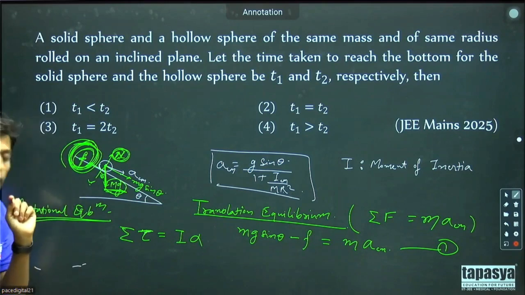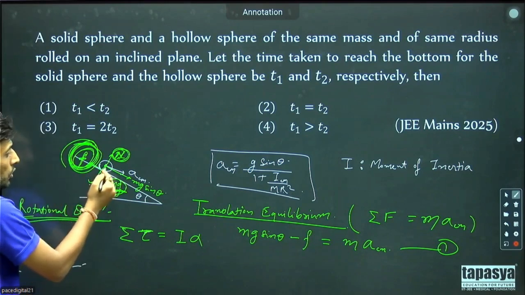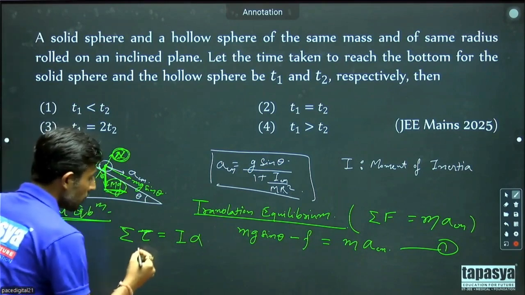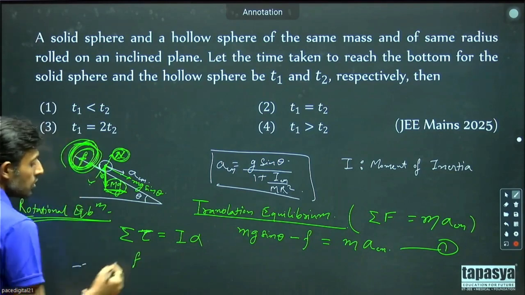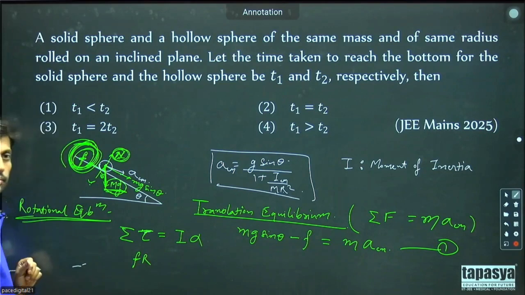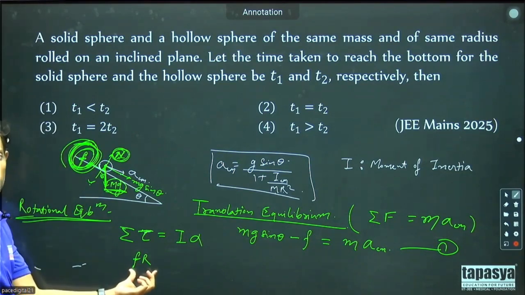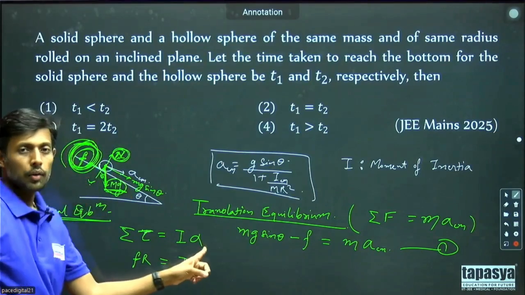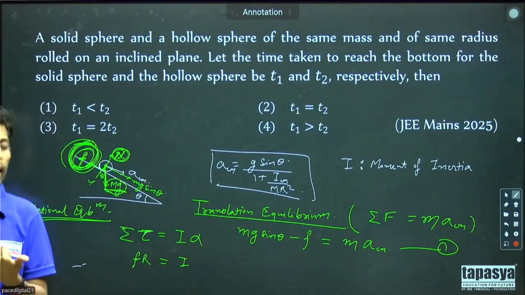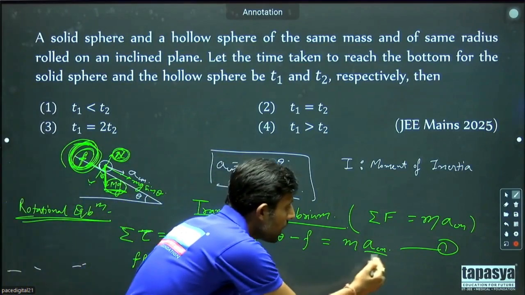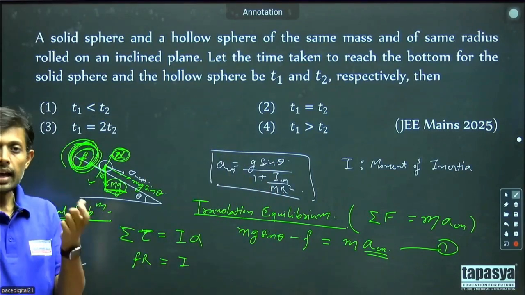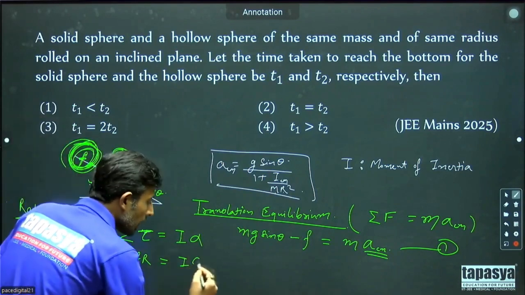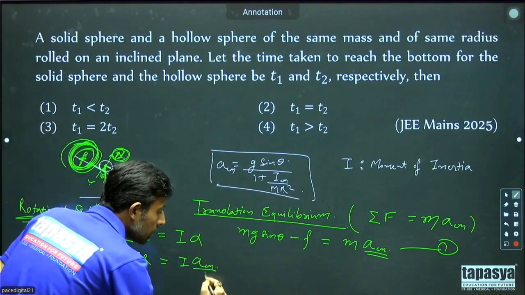So the only force contributing to this torque would be friction. And what would be the value of it? Friction into the distance from the center of mass, so frictional force into R. This is the total torque acting on it. And we know that total torque is given by I into alpha. But what is alpha in terms of acceleration of center of mass? It's acceleration of center of mass upon the radius.